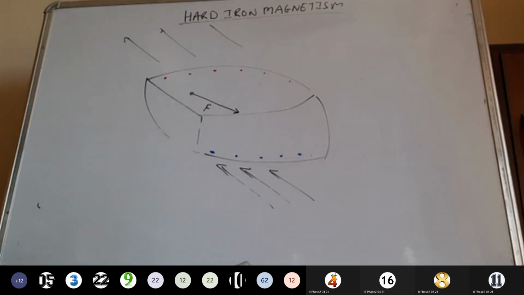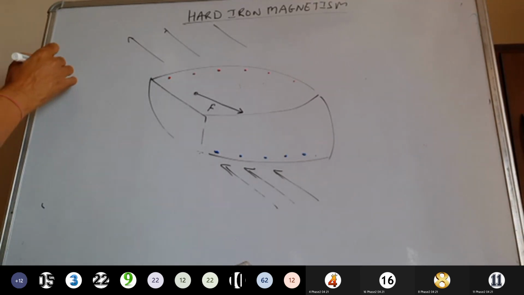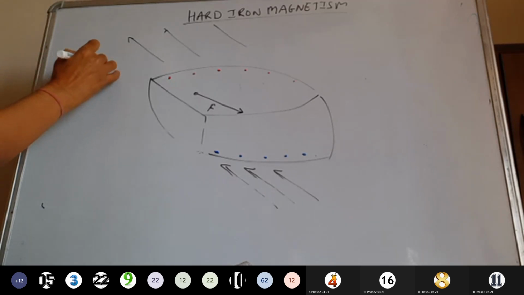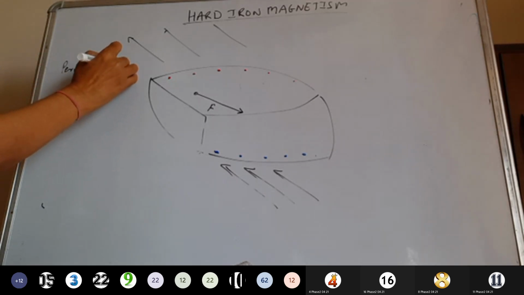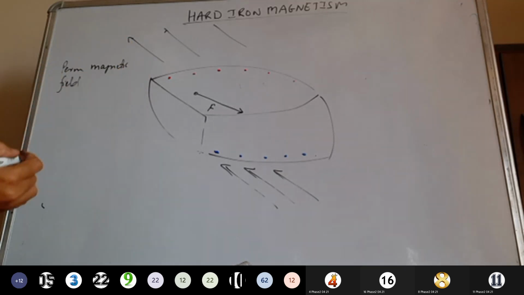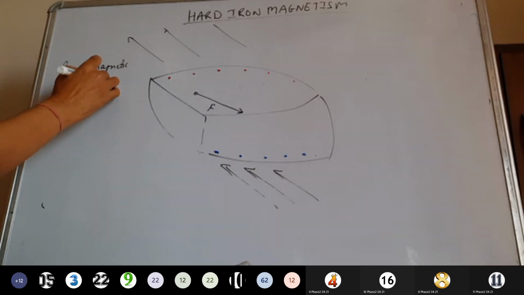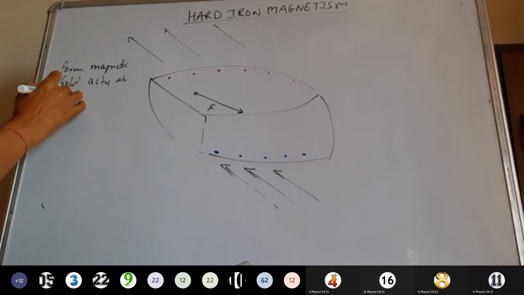Let us say F is the permanent magnetic field. When we say field, field is direction as well as magnitude. So F is the permanent magnetic field acting at the compass position.